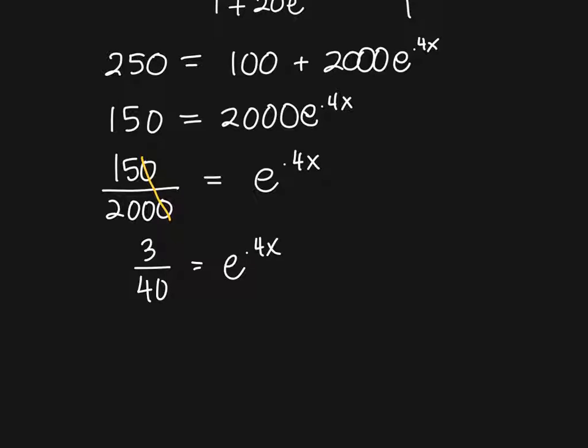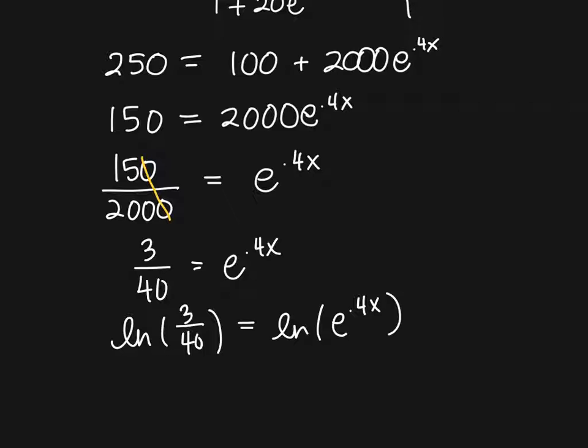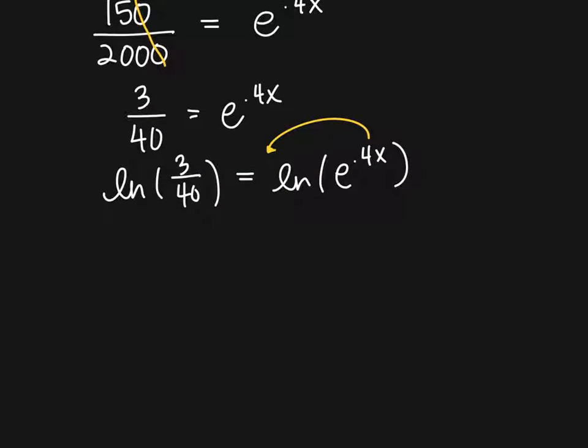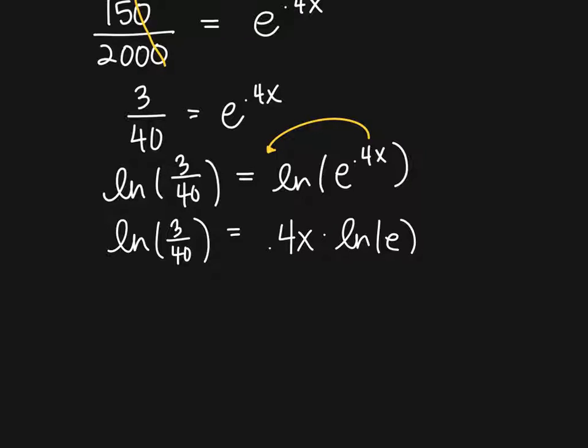Okay, I've gotten rid of everything I can get rid of. Now I need to kick that 0.4x to the front. So I'm going to use a logarithm on both sides. That logarithm will allow me to move the 0.4 to the front so that I can solve for x. So I have ln of 3 over 40. Notice I still haven't used my calculator. 0.4x equals ln e, and there's our friend Lenny.